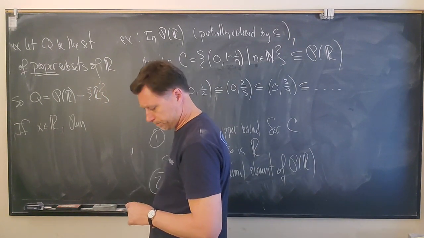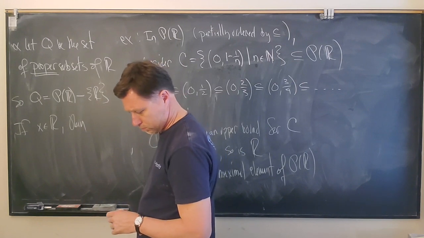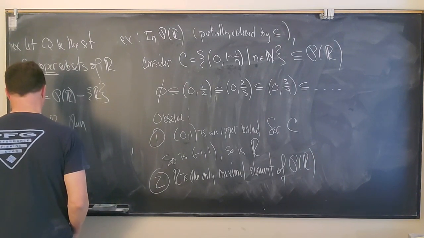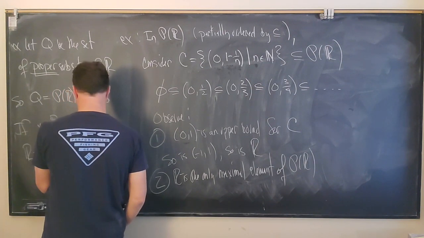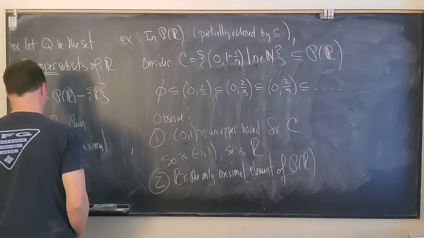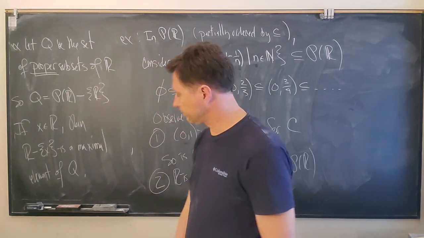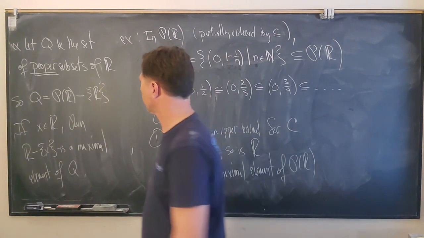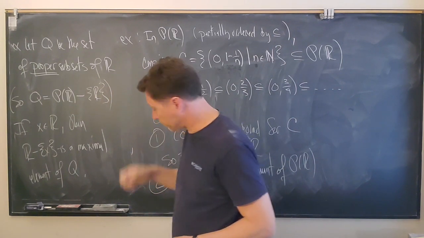Then R minus {x} is a maximal element of Q. All right, so just think about that one right there. I want to put that in parentheses. And then let's finish with one more example.